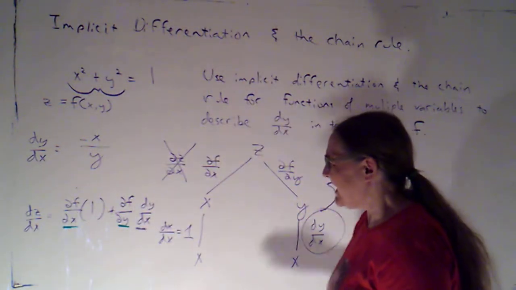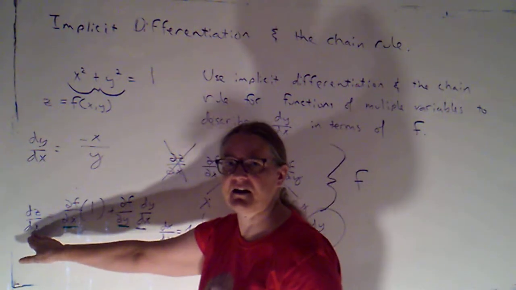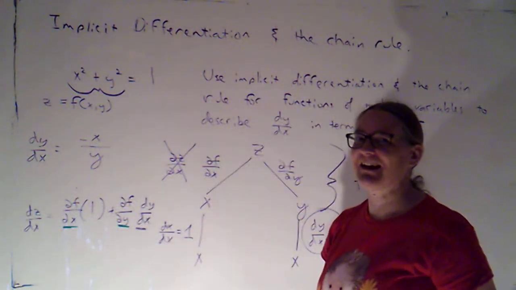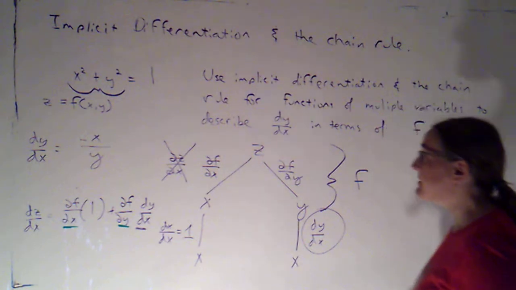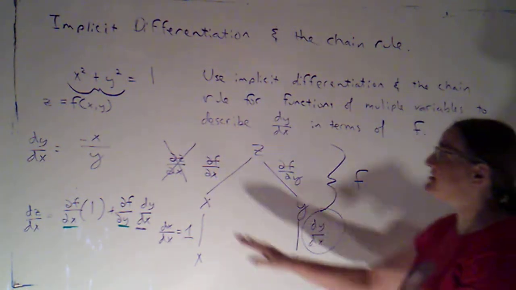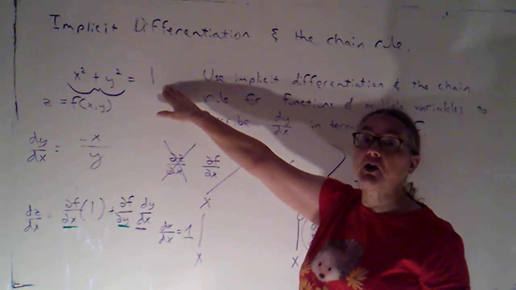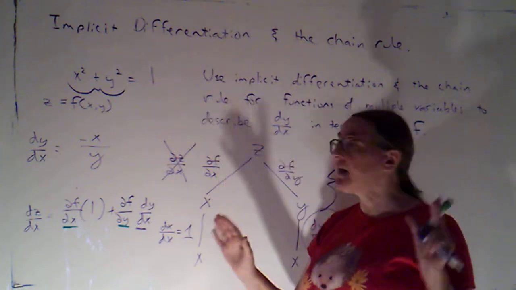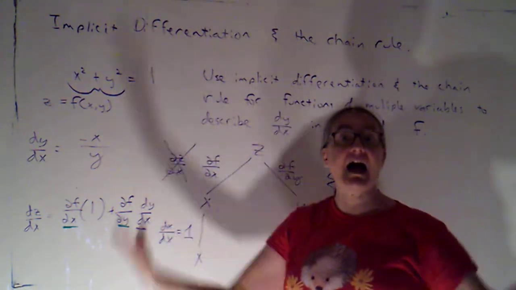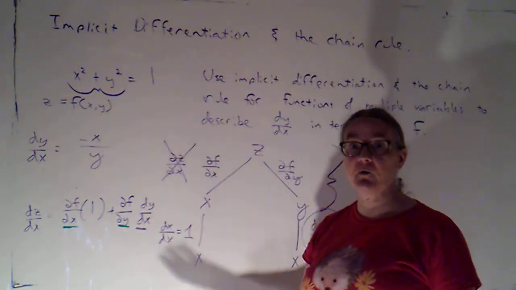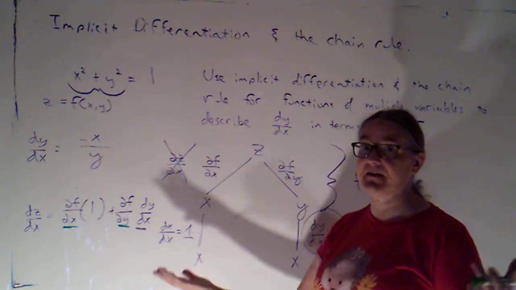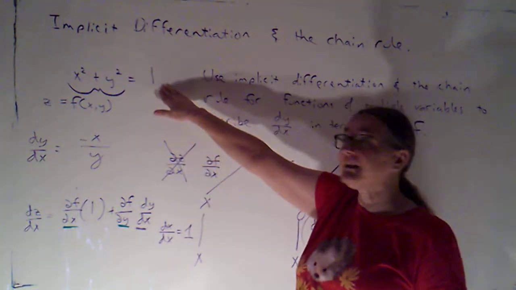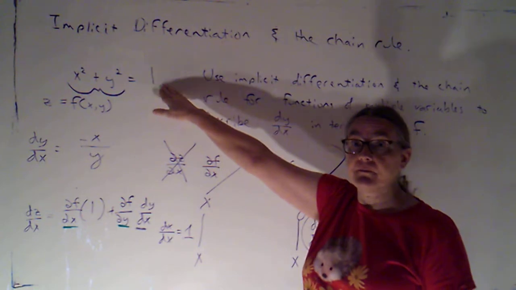Okay? Just seem to have this extra thing right here, but I know what that is because we are applying this to this level curve. We are not looking at the graph of the entire function, z equals f of x, y. That would be a surface in 3 space. We're looking at this level curve.